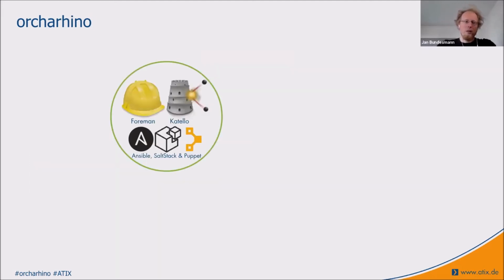So what is the Orcharhino now? We've seen that, of course, it is a piece of software. The key components are Foreman and Katello, which are two open source projects. And of course, the configuration management tool that you desire.